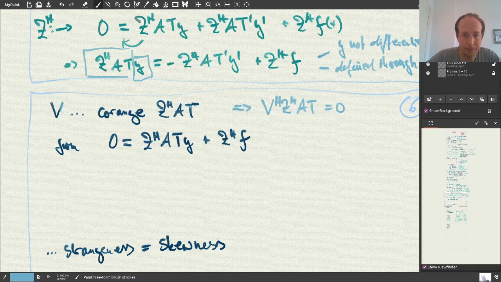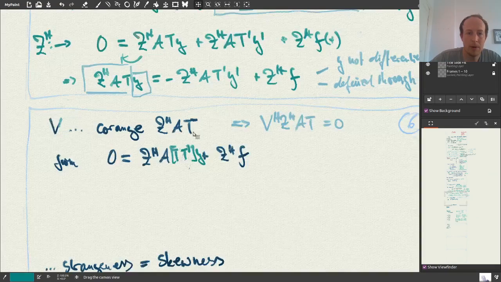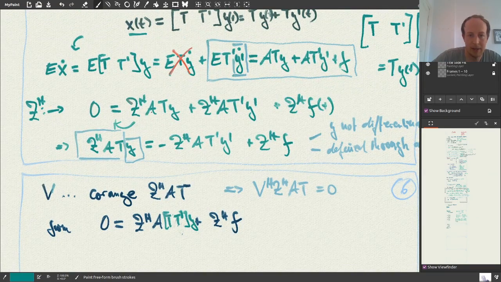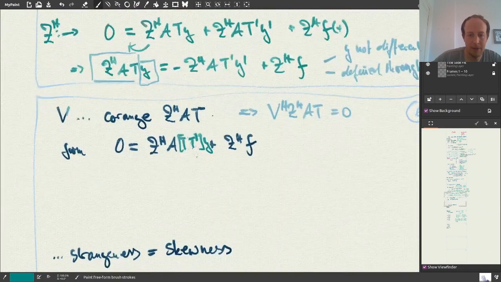So this was not right here. Here I wanted to have still, so here we have t and t dash times the y. So this is where we started in here, ZHAT with all this.